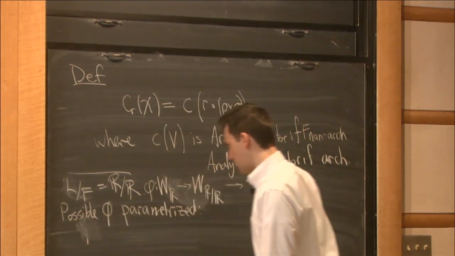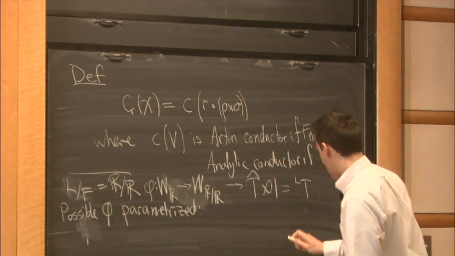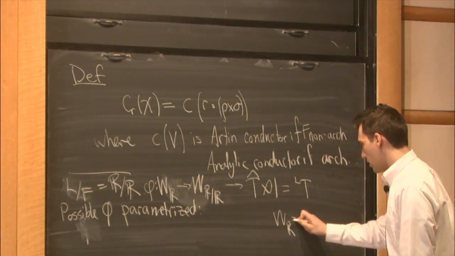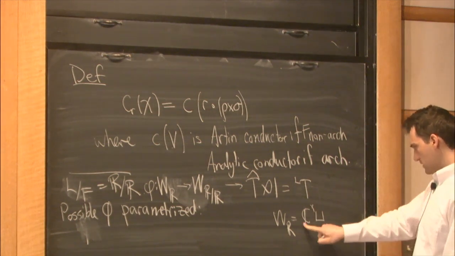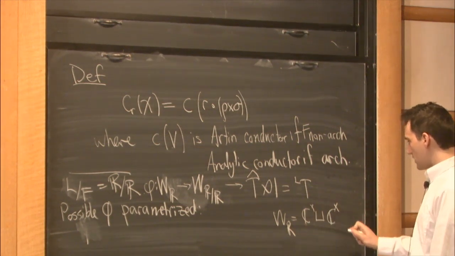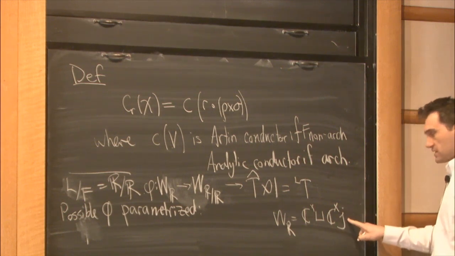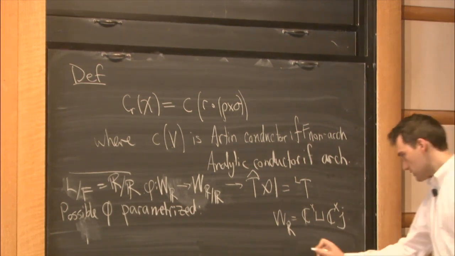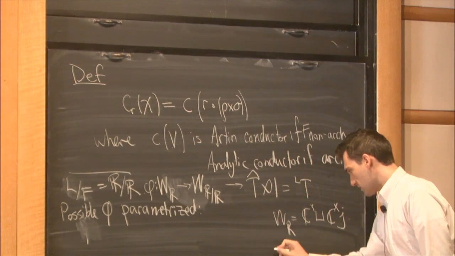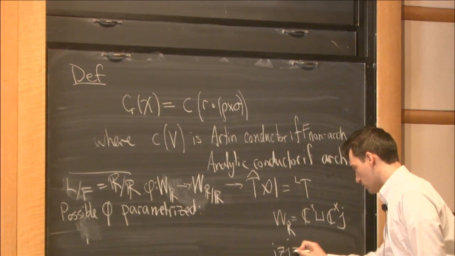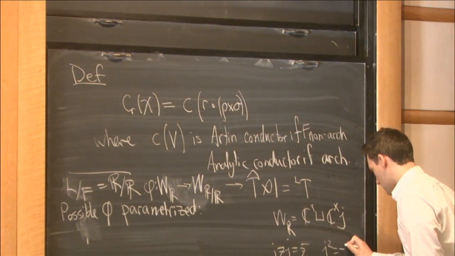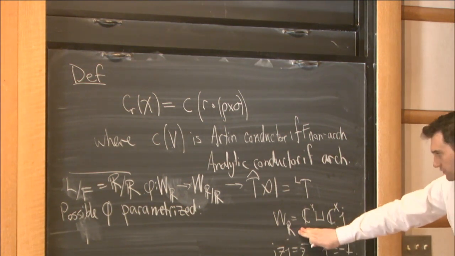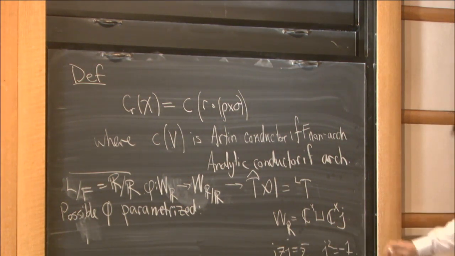W_R looks like C^× disjoint union with another copy of C^×, which I distinguish by some element j, and this satisfies the following rules. That's just a concrete description of what this Weyl group is in the Archimedean setting.